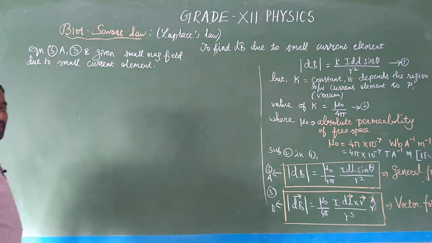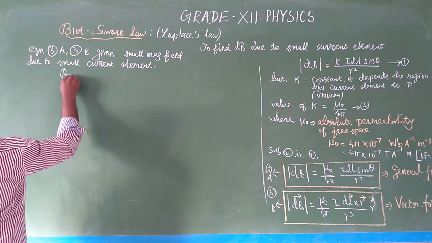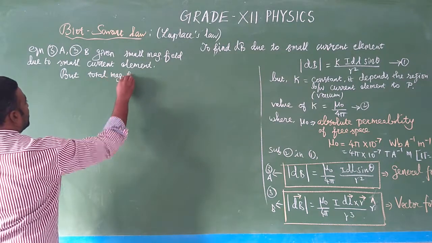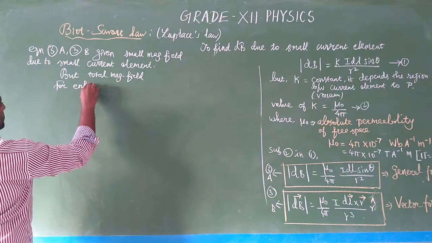But one can determine the total magnetic field of the entire wire. Yes, we can easily determine the total magnetic field for the entire wire.